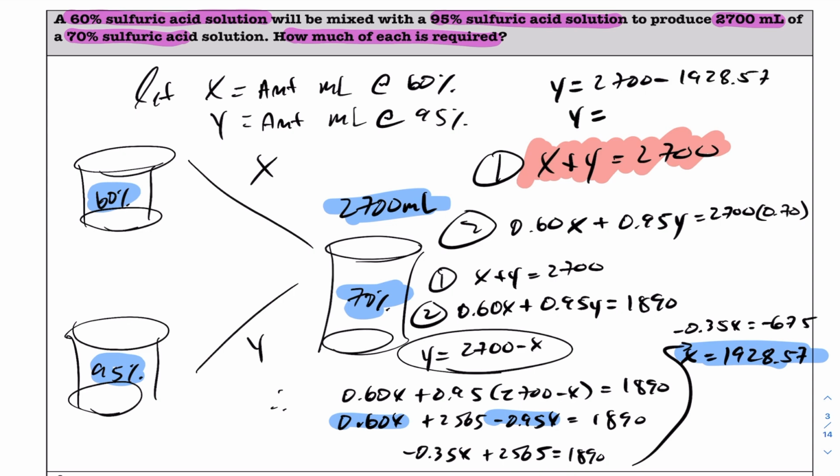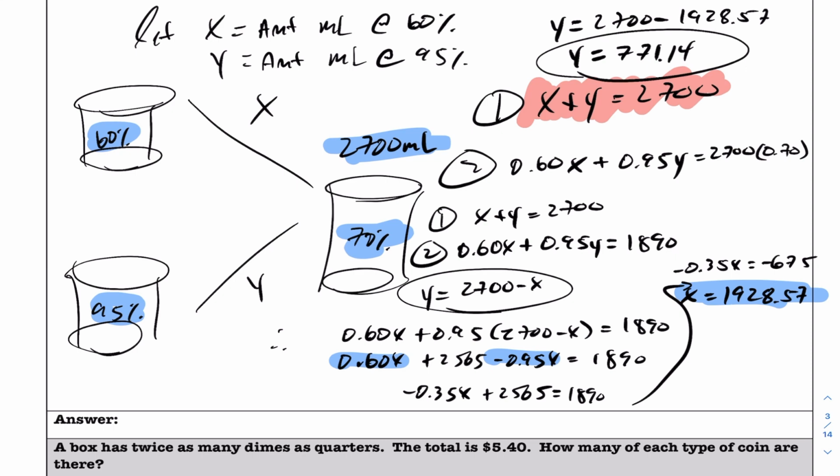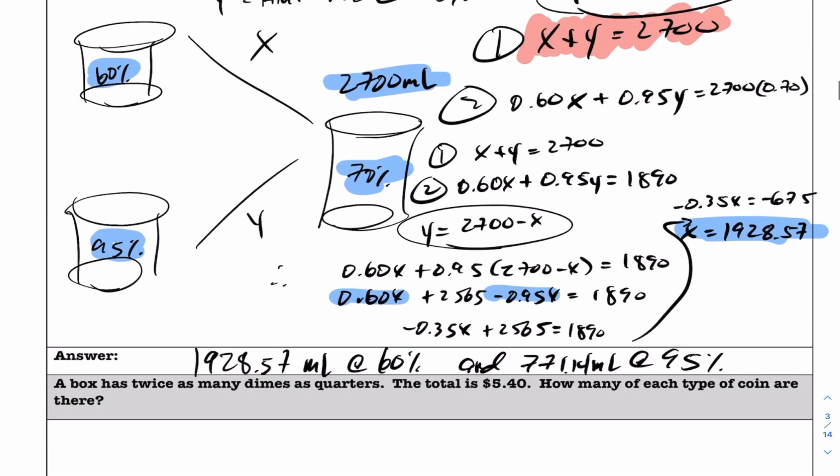So my y value comes out to be 771.14 milliliters. Just to summarize, to create this mixture, take 1,928.57 milliliters at 60% and 771.14 milliliters at 95%.